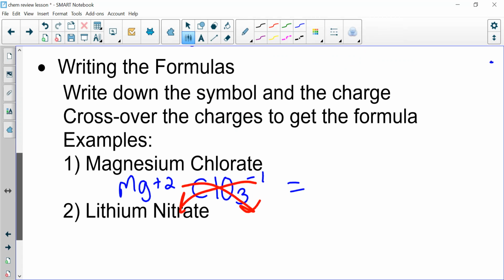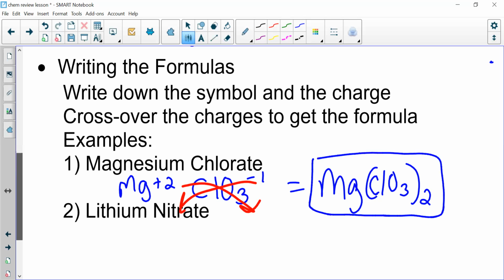Mg bracket ClO3 close bracket 2. Very good. And thank you for including the brackets. So we put the brackets around the ClO3 to show there's 2 chlorate groups. Otherwise, it's going to look like MgClO32. So include brackets around the polyatomic ion to make it clear as to what that compound is.